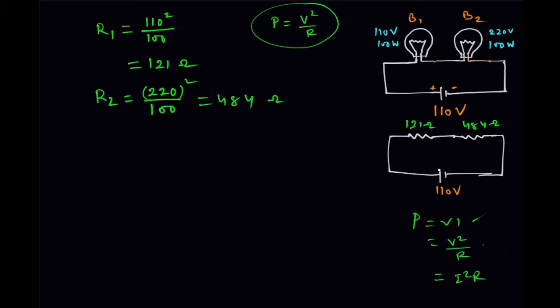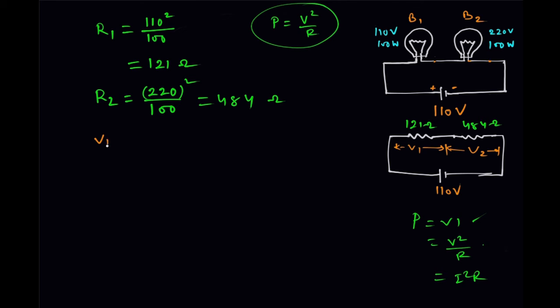First let us calculate the voltage drop across these two resistances. Let this voltage drop be V1 and this V2. These voltage drops are in proportion of the corresponding resistances.